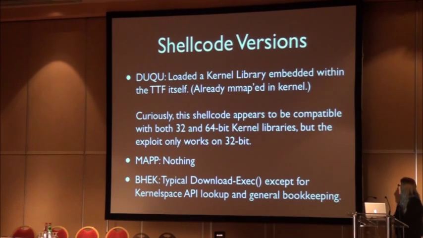It's pretty much the standard download-exec shellcode, except that it deals with loading the APIs from kernel32.dll instead of ntdll or whatever. And then some general bookkeeping. You don't actually have to deal with the IO privilege level stuff in the shellcode, because it ends up running in the context of win32k.sys anyway. Well, I'll explain it in a minute.